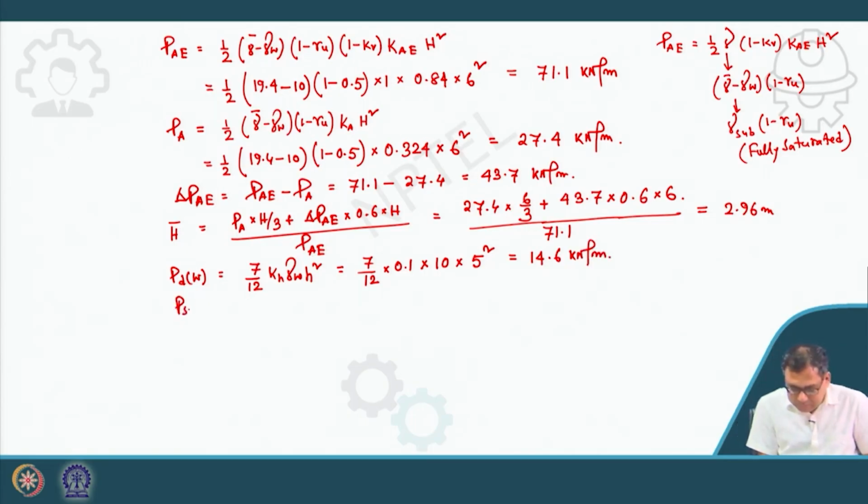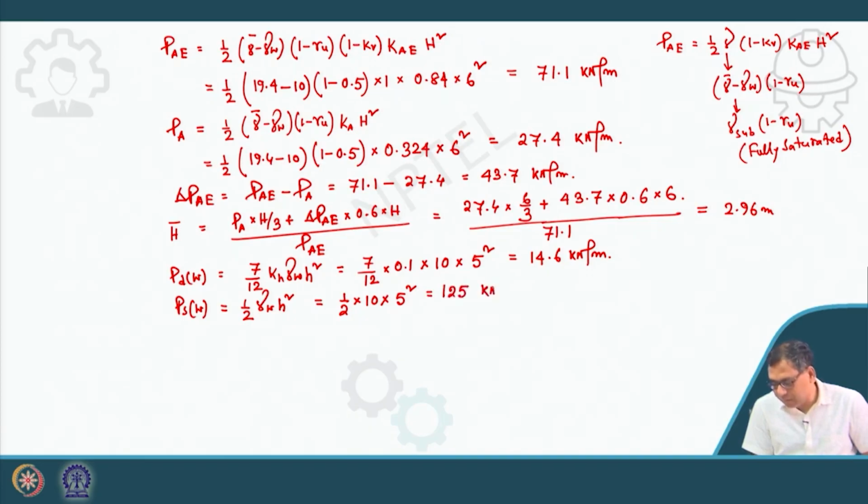Similarly, PSW, pseudostatic force in seaward side, will be half gamma W h square. So this is half into gamma W is 10, h square is 25. So this will be 125 kilonewton per meter.